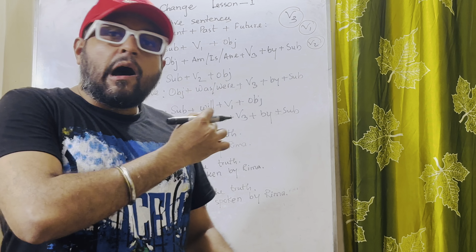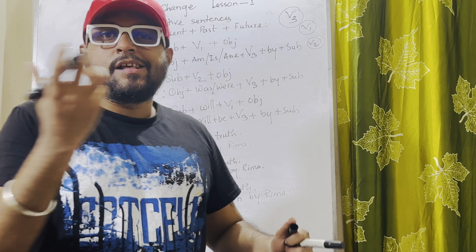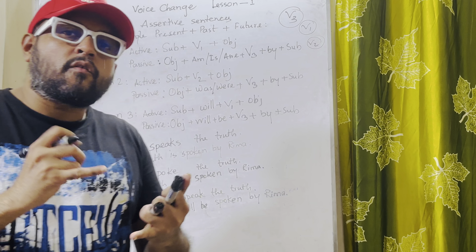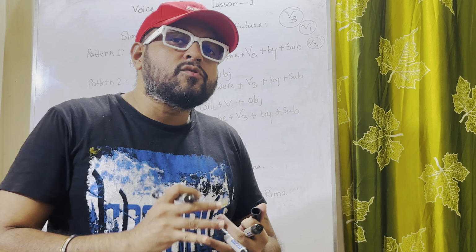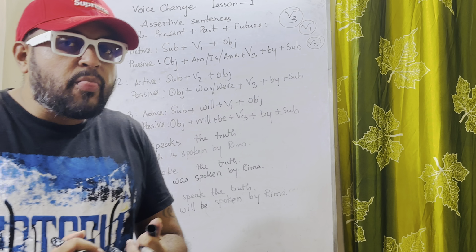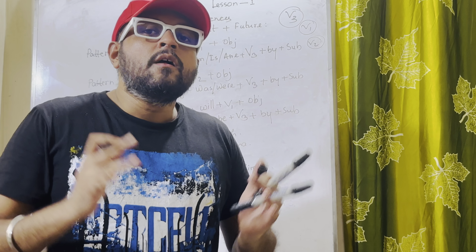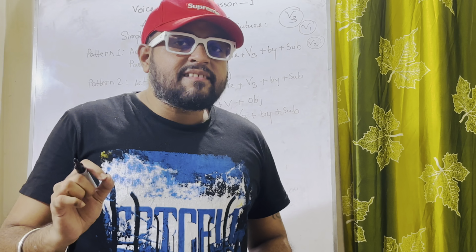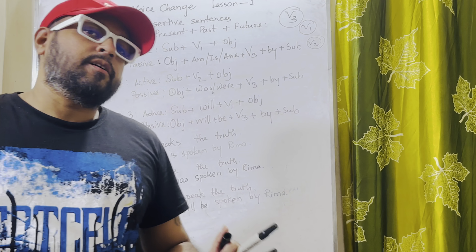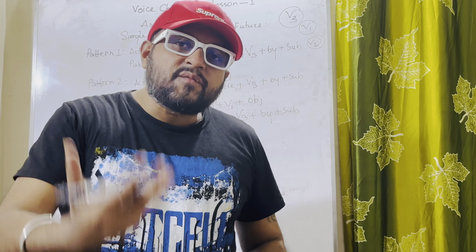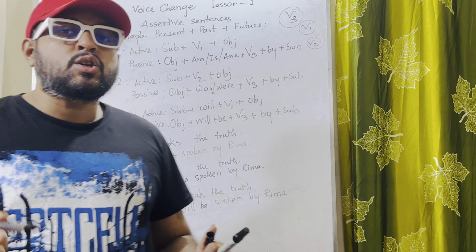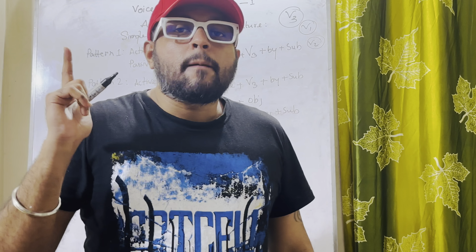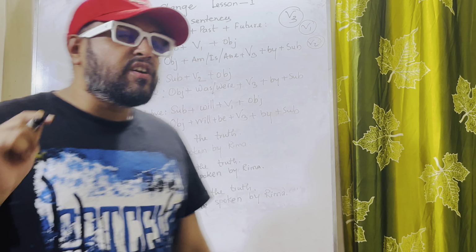So whenever you get this type of code in the structure, you can easily understand: V1 stands for the present form of the verb, V2 stands for the past form of the verb, V3 stands for the past participle form of the verb. So remember the basic thing, that whenever you are going to make a passive sentence, only one pattern of verb is acceptable, and that is the past participle form, the V3 form.